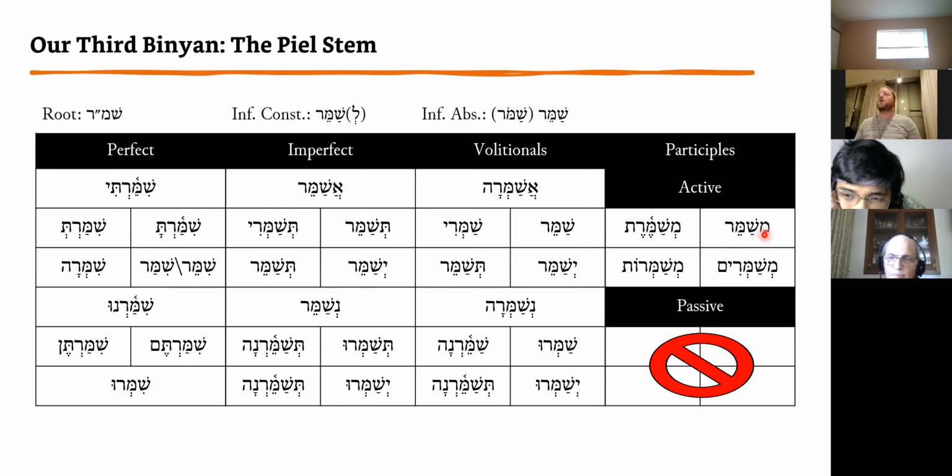In all of the participles outside of the kal and nifal, all of them add a mem prefix. Okay, so we've got mishamer, mishameret, mishamrim, mishamrot. The book, instead of mishameret, has mishamra.